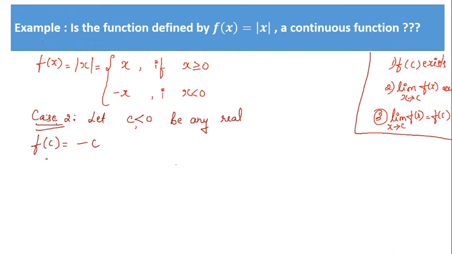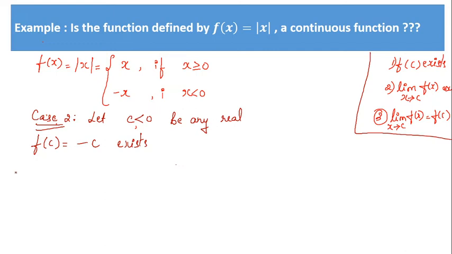Then the first condition exists, or it is true. Why? Because we have taken a real number which is finite. So c is finite, so that into a negative value will again be a finite number. So the first condition is verified.